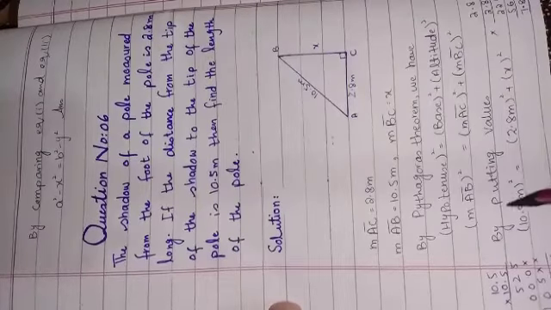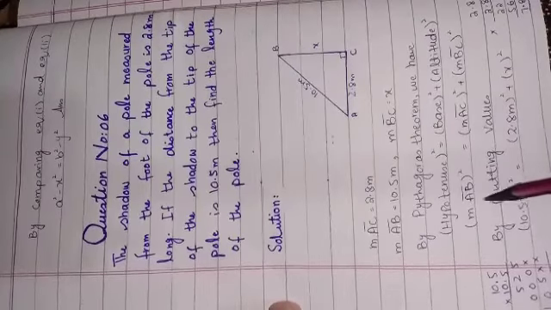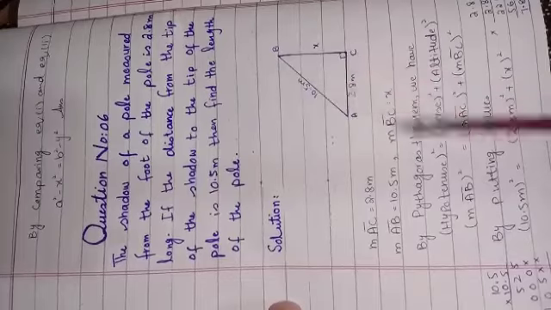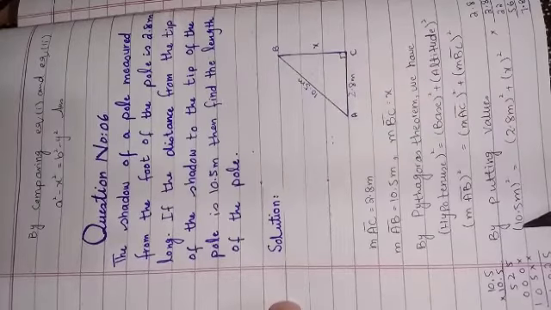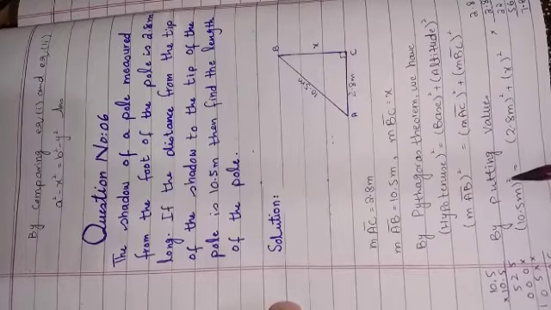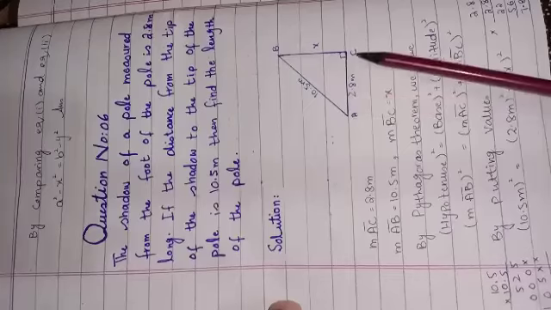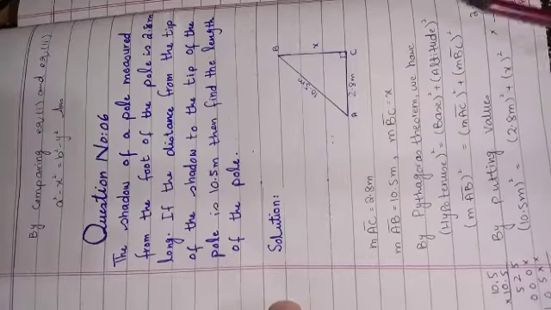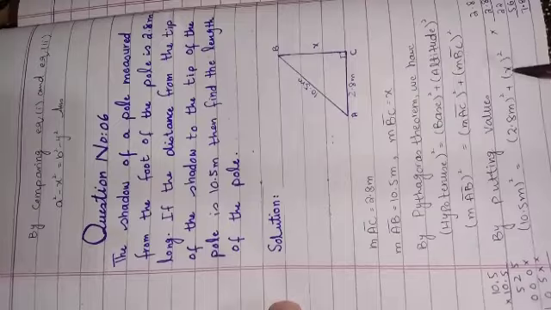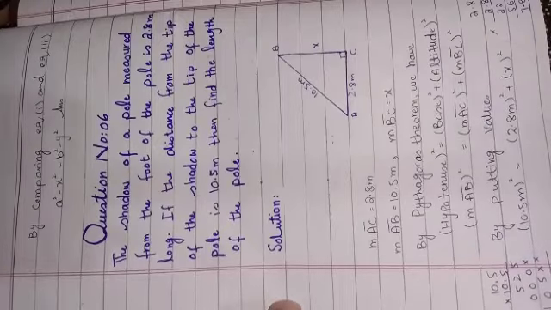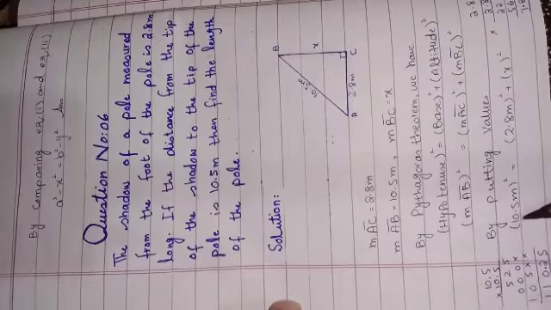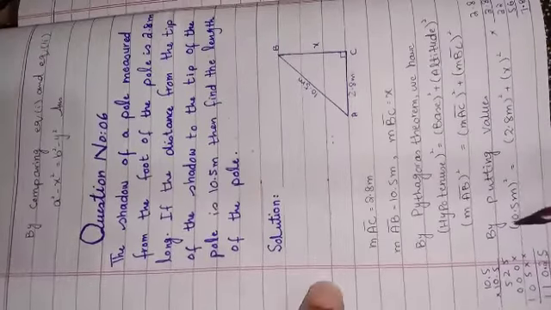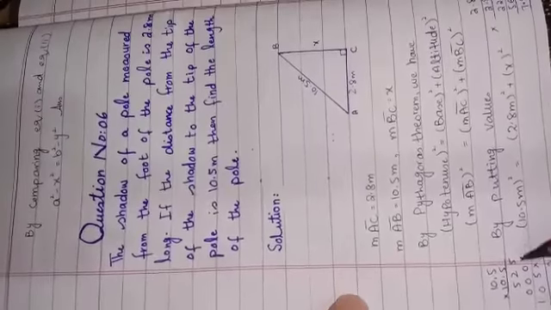Now we will put the values. AB is equal to 10.5, so we will write 10.5 meter whole square. AC is equal to 2.8, so we will write 2.8 meter whole square, and BC is unknown to us, so we will write x square. Students, the square of a number, as you all know, is found by multiplying the number with itself.